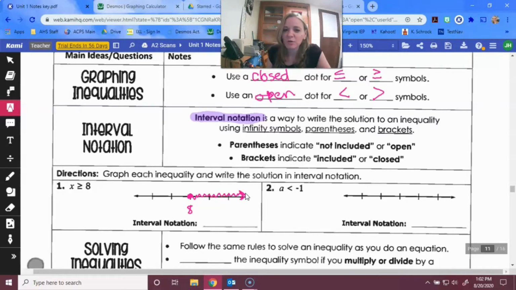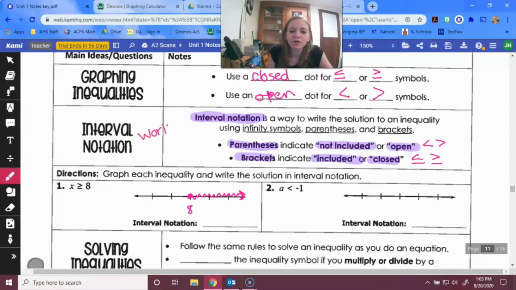It'll kind of look like a coordinate. The parentheses indicate when the value is not included, or open circle. The bracket will be used when it is included, or closed. In other words, the symbols for open are that and that, and the symbols for closed are that and that.